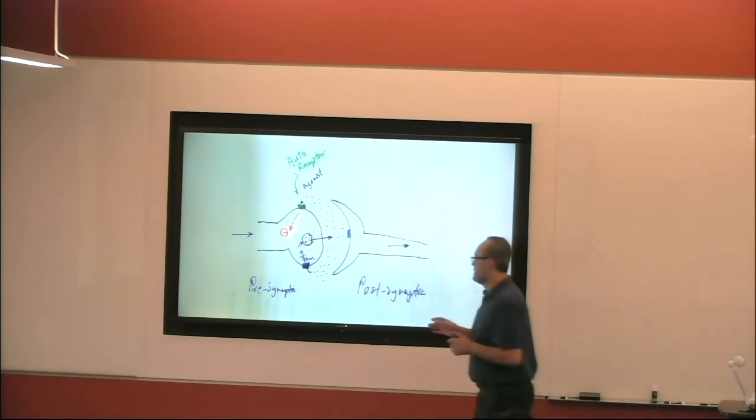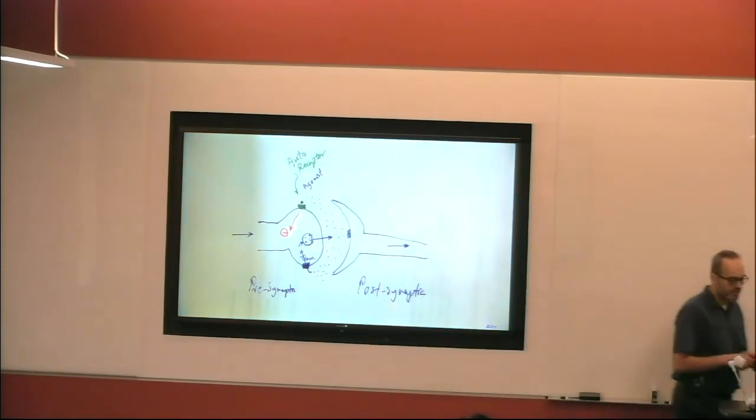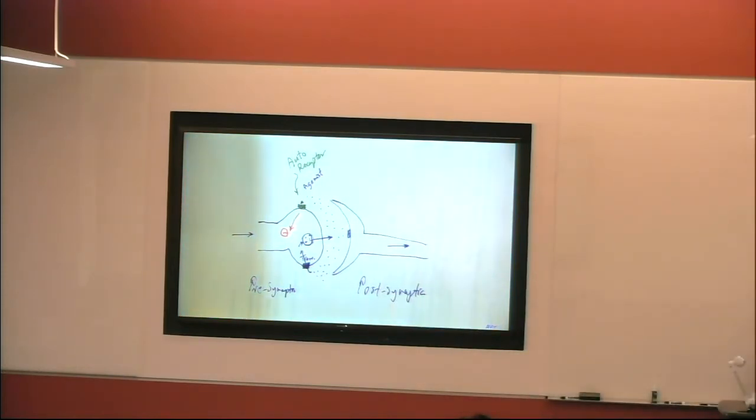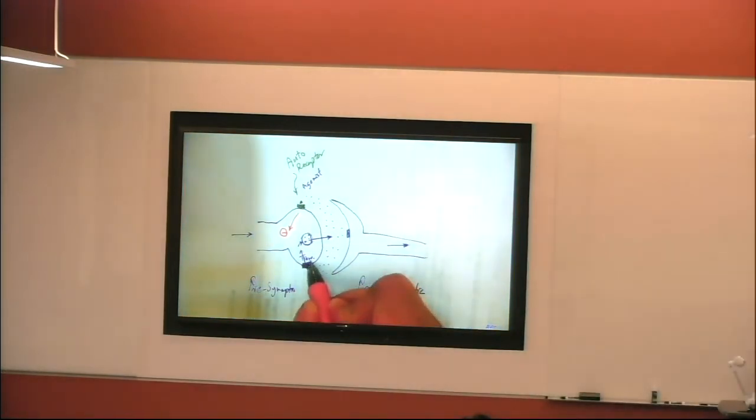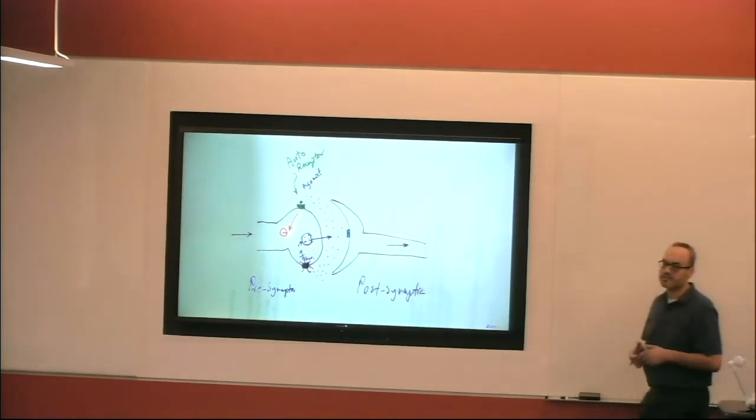Some drugs act by blocking this reuptake. And guess what happens when you block this? More neurotransmitters will stay here in the synaptic area, and they bind, so they produce more of the agonist effect.